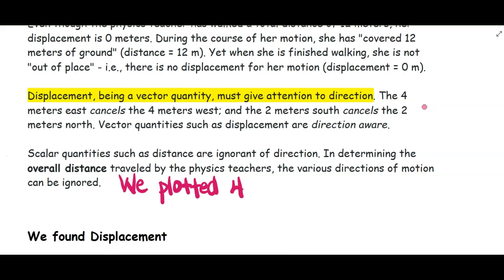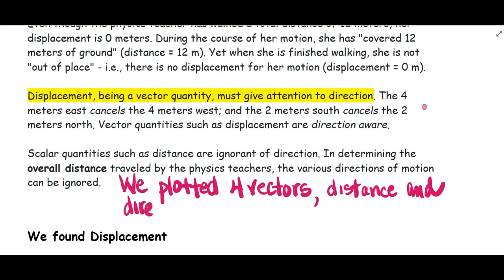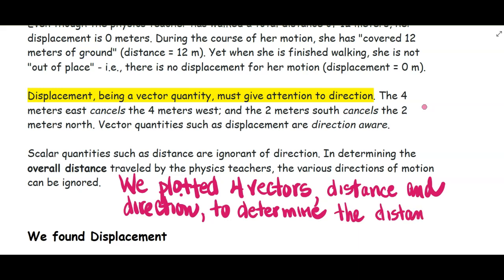We plotted 4 vectors with distance and direction to determine the distance from home or the origin. All right? Which is the displacement.